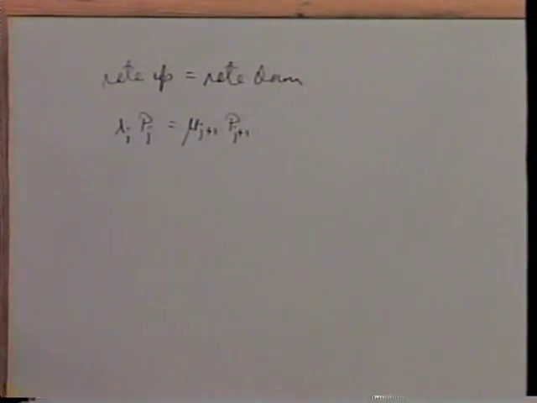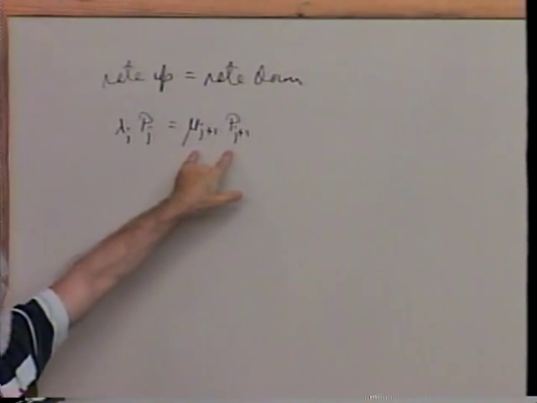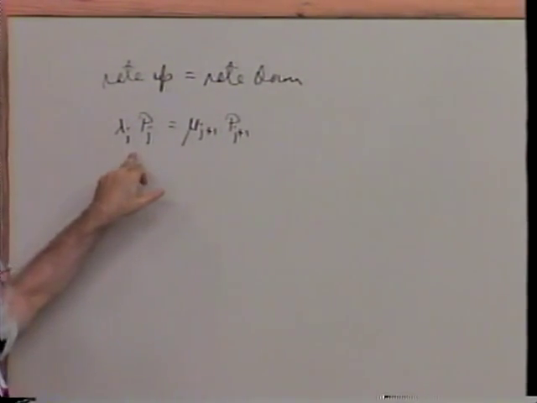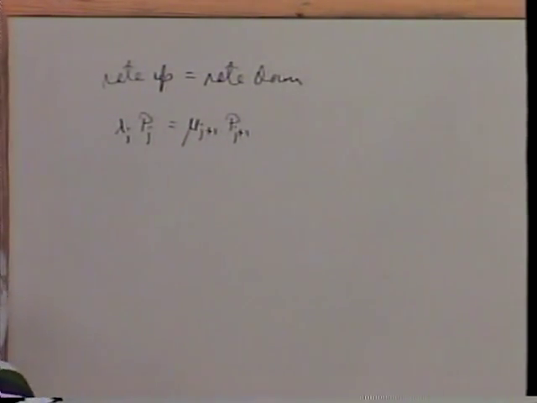And the argument there was that we just imagine this state diagram that shows the number of customers present as a function of time, and it simply jumps up and down or stays in the same state. The jumps are size 1. This counts the rate at which the jumps up occur from state j. This counts the rate at which the jumps down occur from state j plus 1. And then you say the rate at which you go up from j and the rate at which you go down from j plus 1 must be equal. And that's how these equations come about.